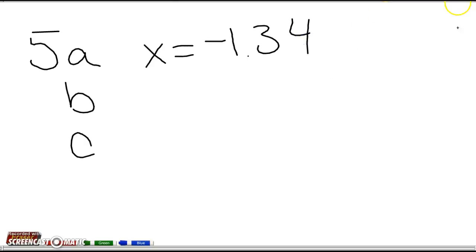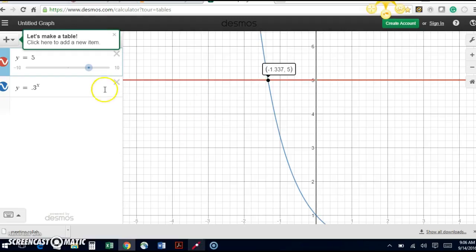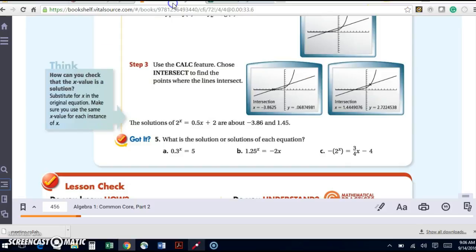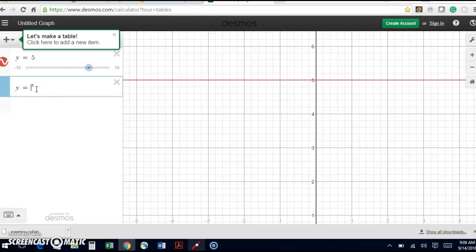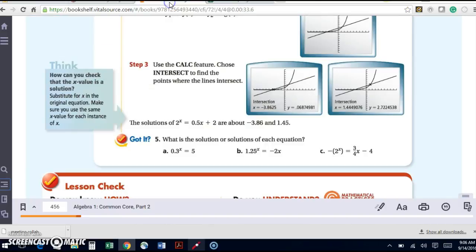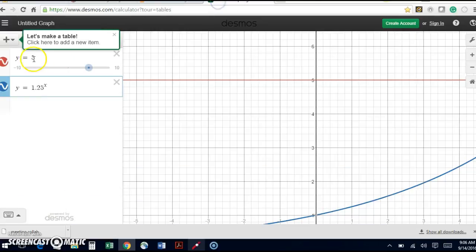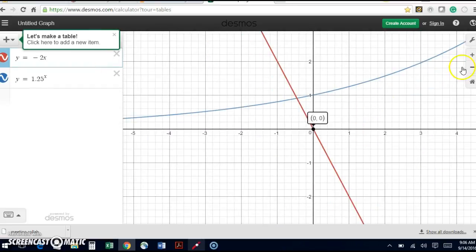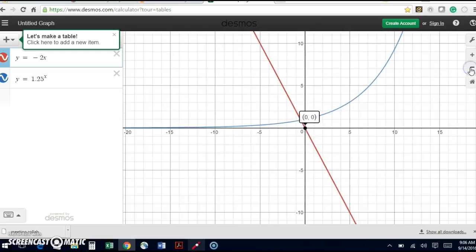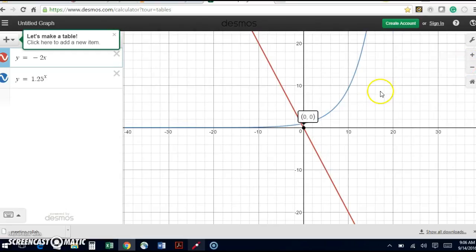All right, let's do b. b is 1.25 to the x power equals negative 2x. I'm going to zoom out first to make sure that I'm not hitting it anywhere else, and I'm not.